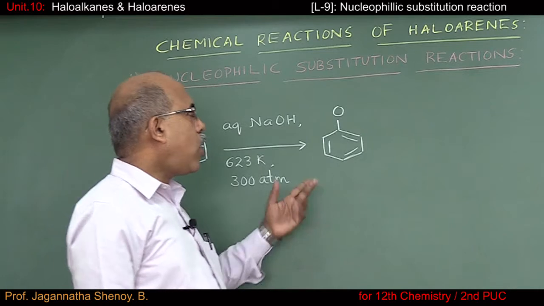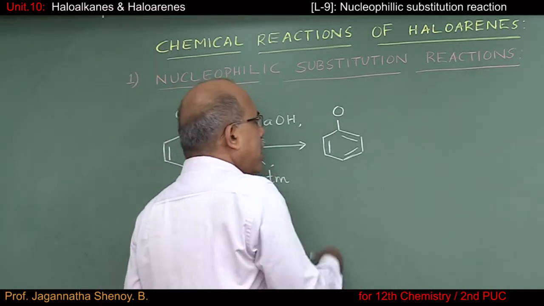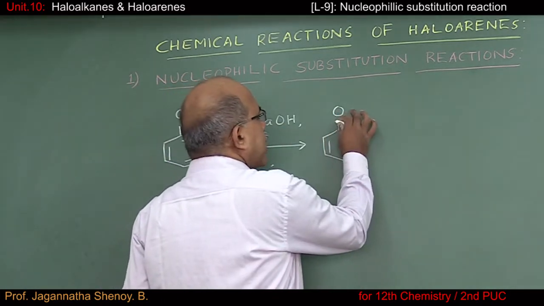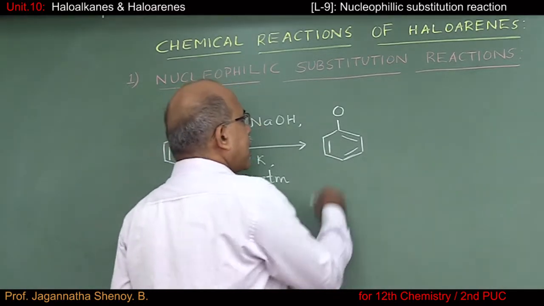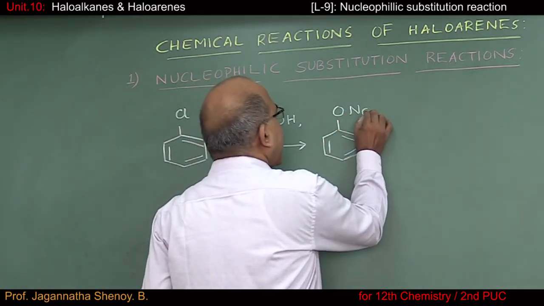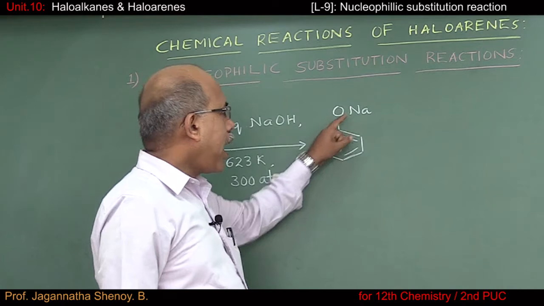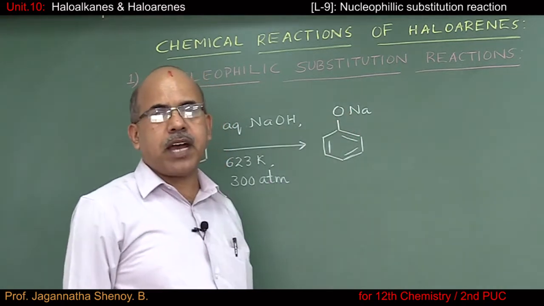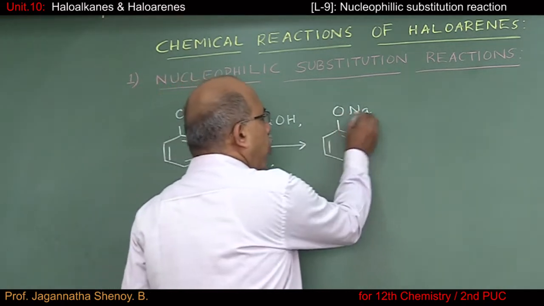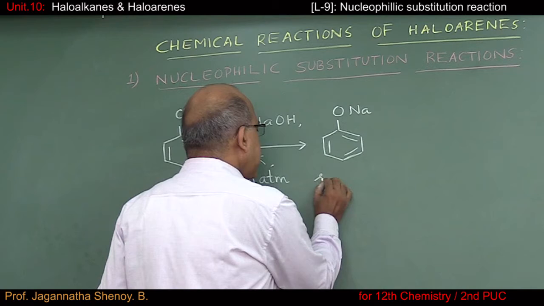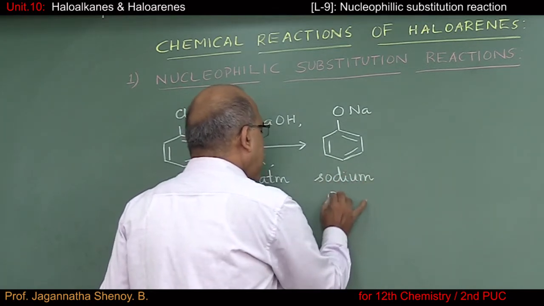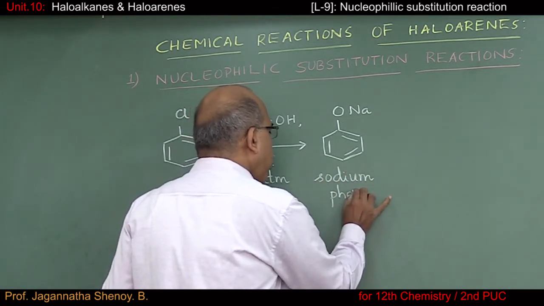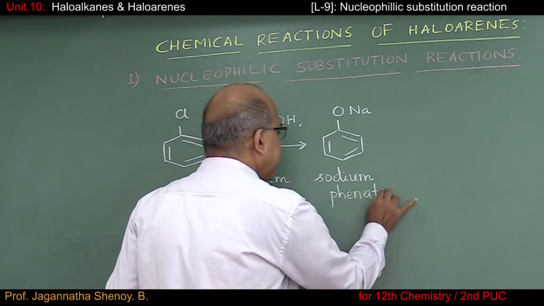The salt of phenol is one in which the OH group connected to benzene ring will get converted to ONa, or in other words, H of OH is replaced by sodium. So what we have obtained here is sodium salt of phenol. We call it sodium phenate or sodium phenoxide.